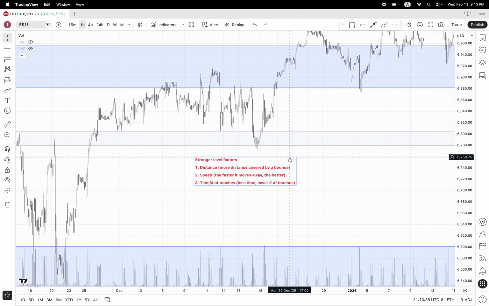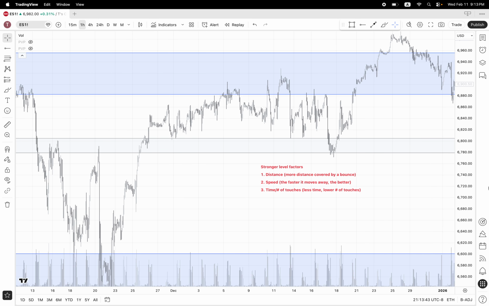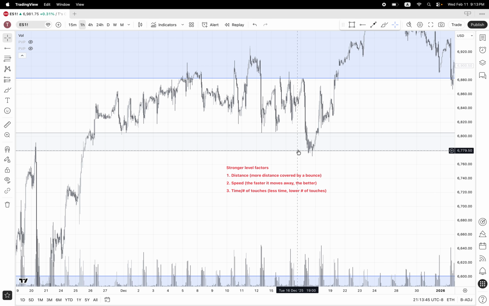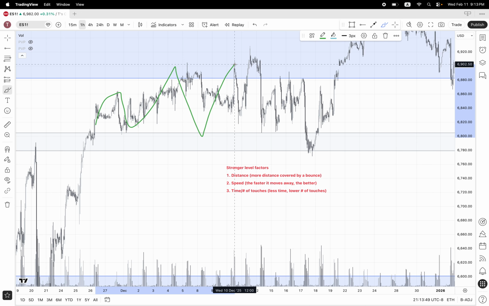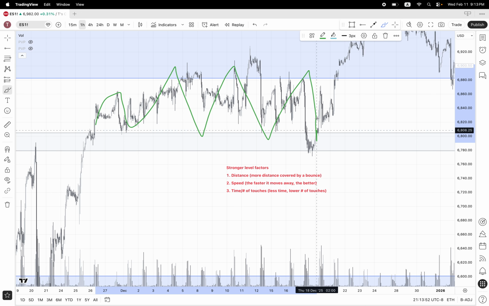And then one more thing I wanted to touch upon is that you really need to look at the levels as a game of ping pong. So you're playing ping pong, up and down, up and down. The price is going up and down.